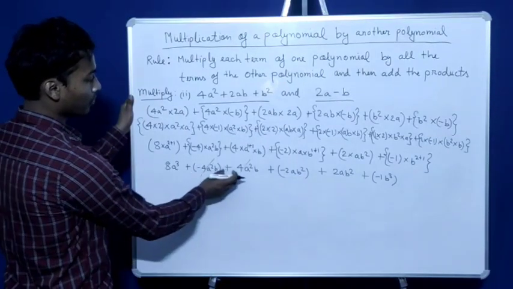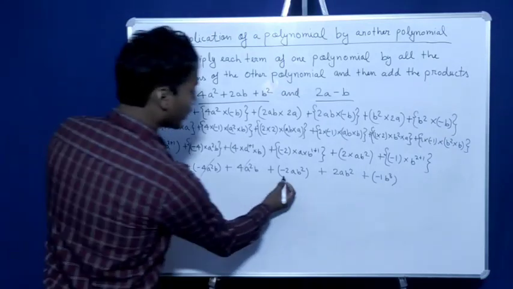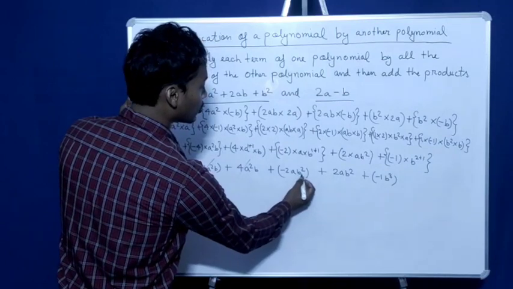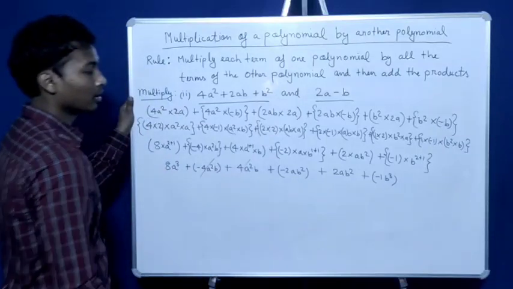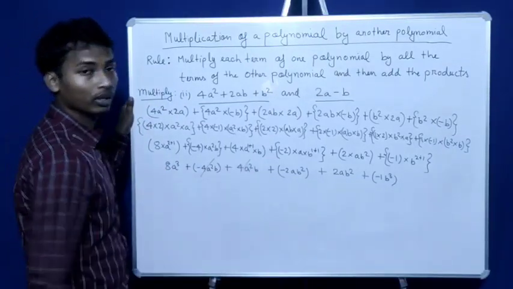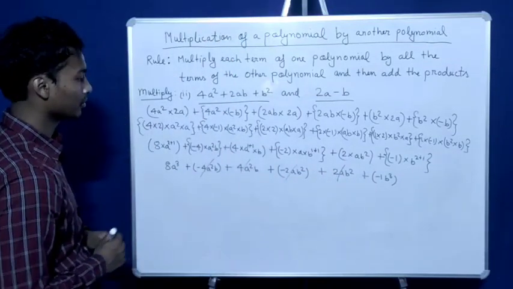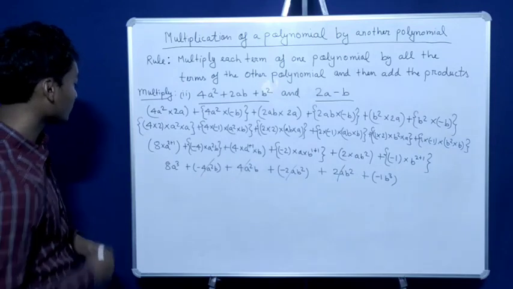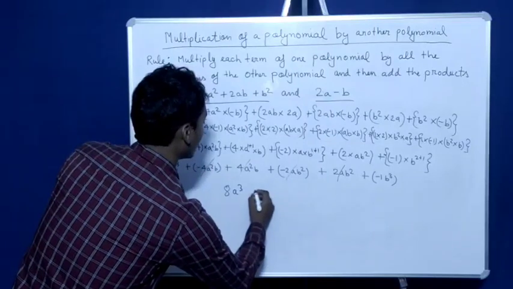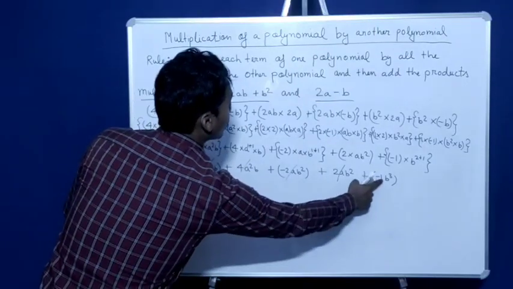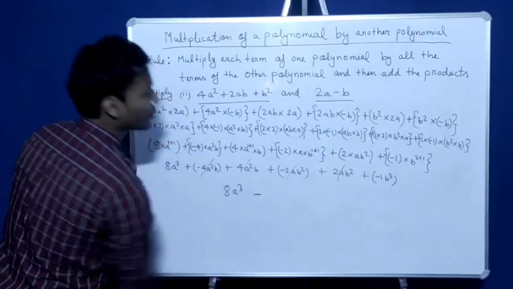Then here we have -2ab square and 2ab square, so positive and negative, so here also we'll get 0, it's cancelled, so we are left with 8a cube and negative and positive will give you a negative sign, negative multiplied by positive will give you negative sign.